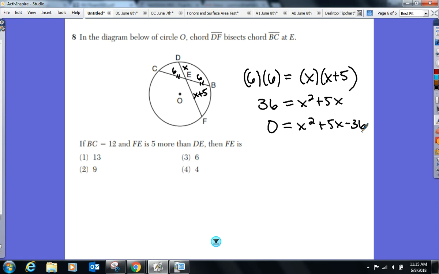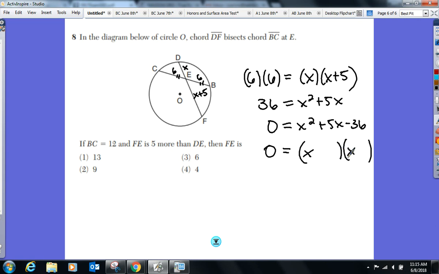Plug it in for X and see if you get 36. That's the great thing about multiple choice. The answer is there somewhere. You don't have to find it on your own. If you're stuck factoring, thinking why me, one little factoring question is going to throw you off the rest of the exam. It's already there. So go ahead and plug every single one in and figure out which one equals 36. No one's asking you to factor.